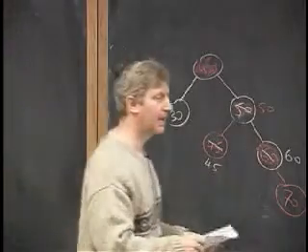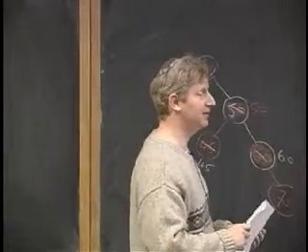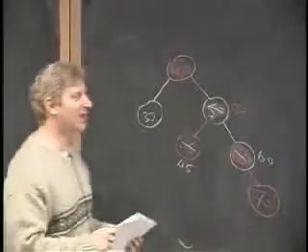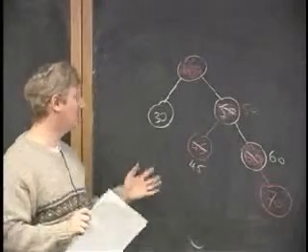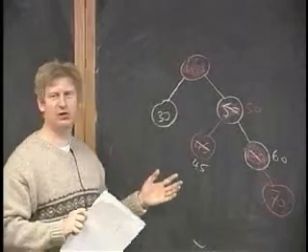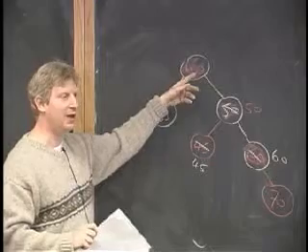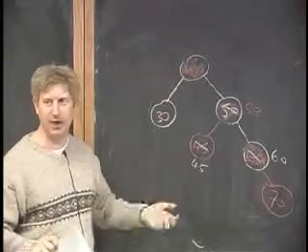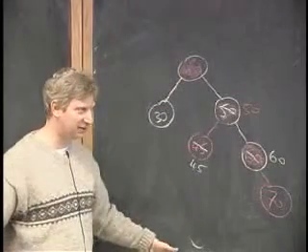Don't you normally keep the root colored black always? Heather's made a very good point. And here's a question that could be a short answer question on an exam. If you take a red-black tree and the root's red, and I change the root to black, is it still a red-black tree? Yes. Because it doesn't change any of the black distances.